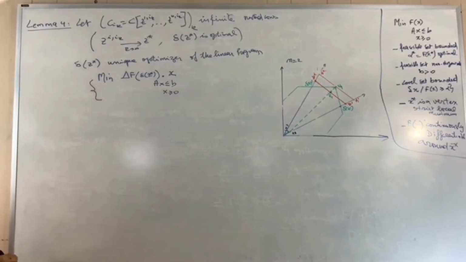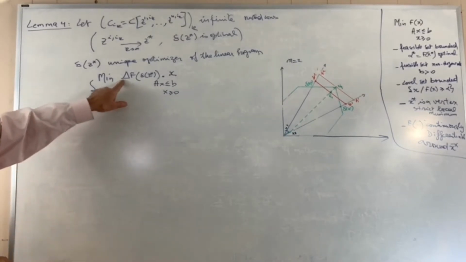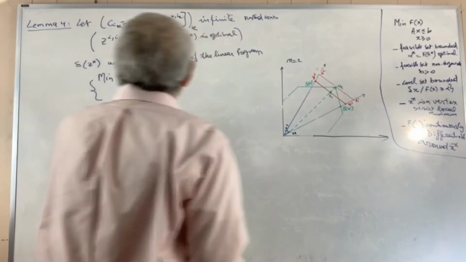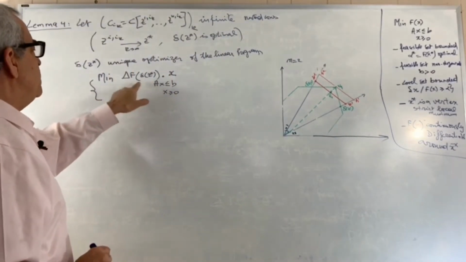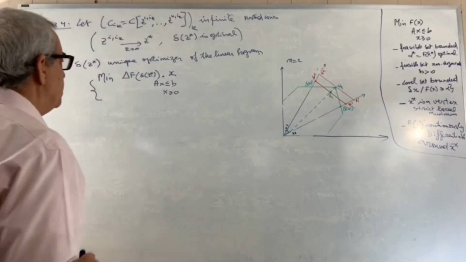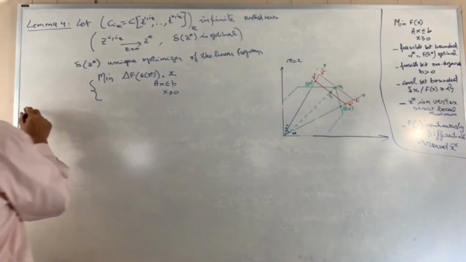Okay, so this is the notation. This is the gradient. We are assuming differentiability. So the gradient at delta z star exists, and delta z star will be the unique optimizer of this linear program. And the proof.